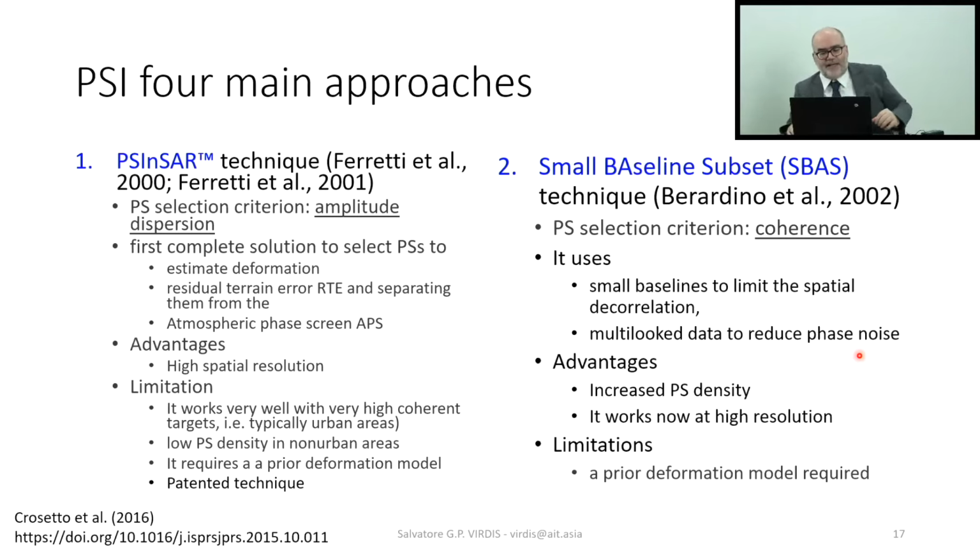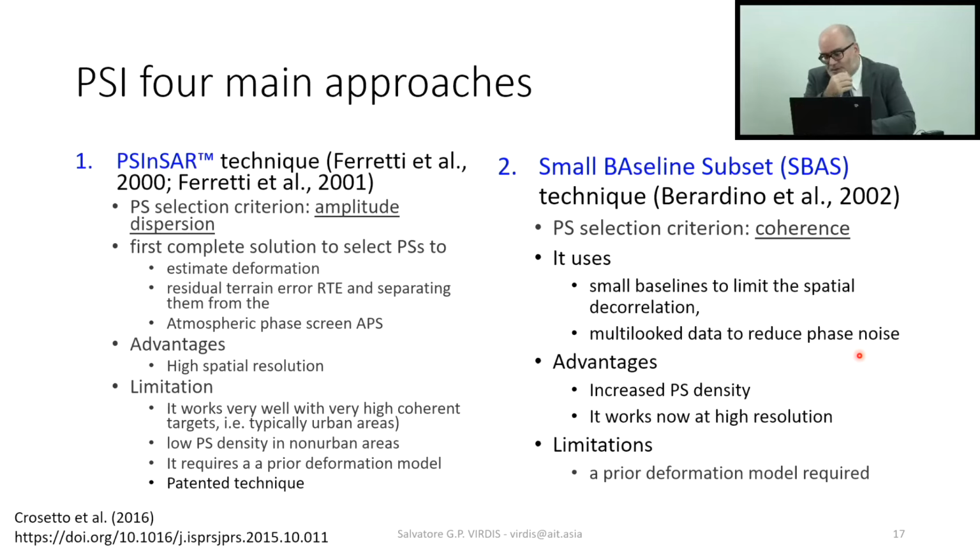The main advantage was that it was able to select good permanent scatterers also in rural areas. However, the density was a little bit lower than the PS InSAR technique, but the precision quite similar.